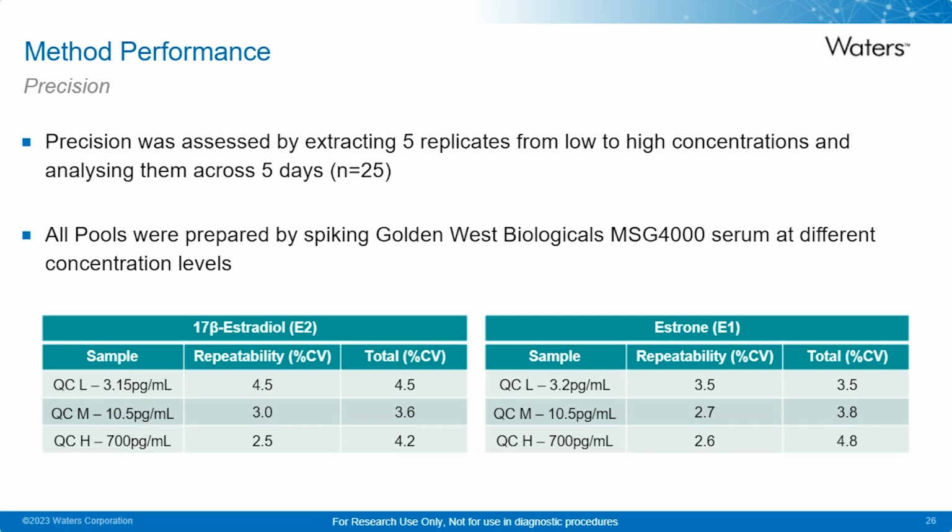The QC samples were prepared by supplementing estradiol and estrone into the Golden West Biologicals MSG 4000 serum, and the concentrations that we tested can be seen in the tables, but it ranged from 3 picograms per mil in our low up to 700 picograms per mil in our high sample.